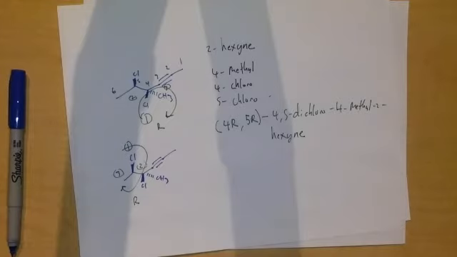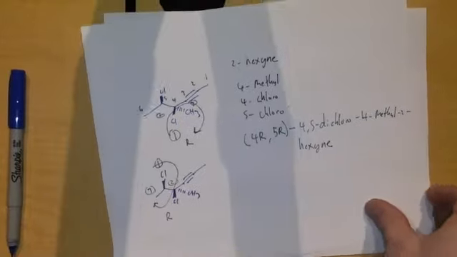Any questions on this naming? It should be pretty similar to the alkene. Honestly, it's a little easier because you don't have to do E and Z for these ones. Okay, I'm going to get into some reactions. To make a triple bond, it's pretty straightforward.